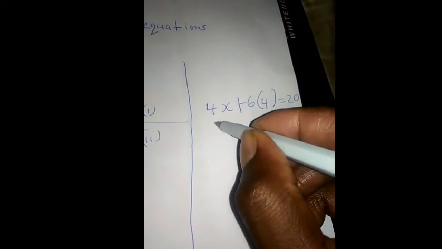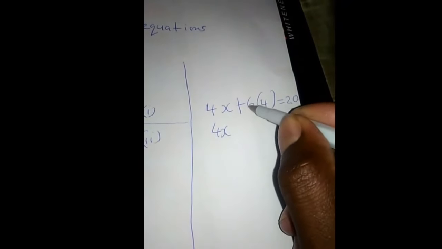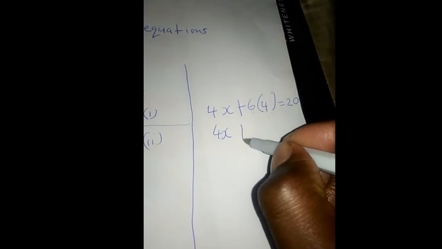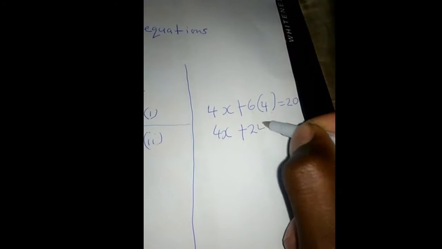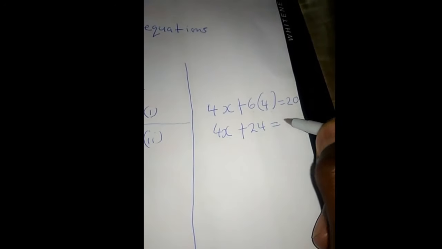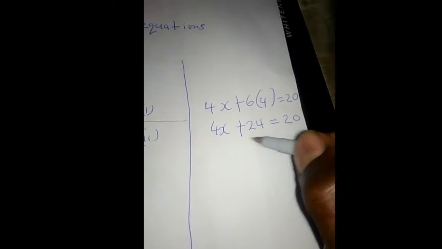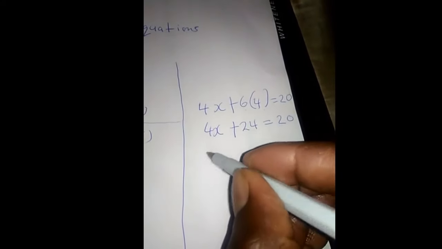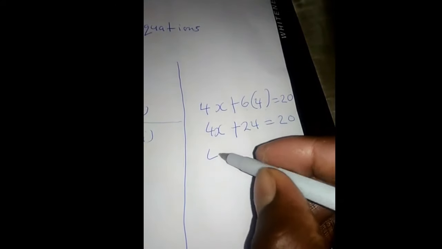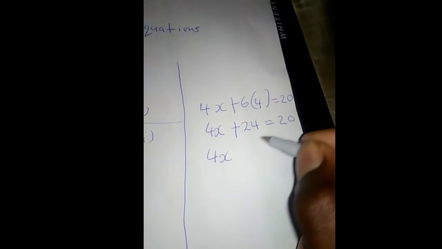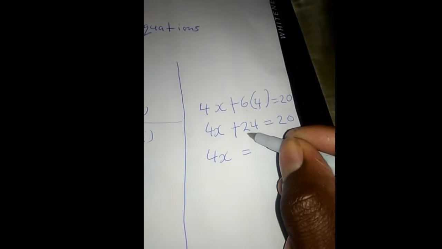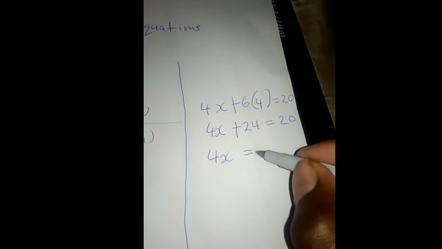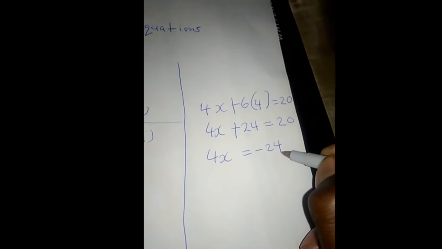So I will now say 4x plus 6 times 4, that's 6, 12, 18, 24, plus 24, which equals 20. This is now an equation. We want to find the value of x. So collecting like terms, 4x equals 20 minus 24, so it became negative 24.